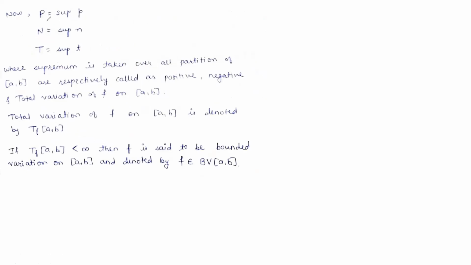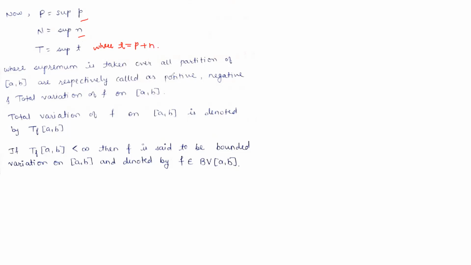Now let capital P be defined as the positive variation, capital N be the negative variation, and capital T be the total variation. Then capital P is equal to the supremum of the positive part of variation, that is small p. Negative variation is the supremum of the negative part of variation, and capital T is equal to the supremum of t, where this total variation t is equal to p plus n.